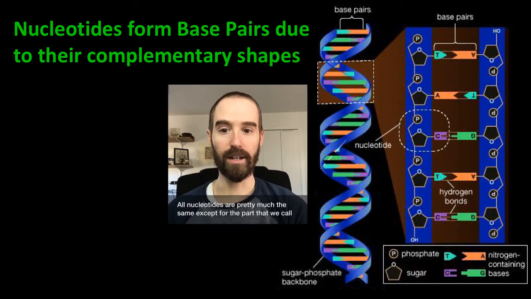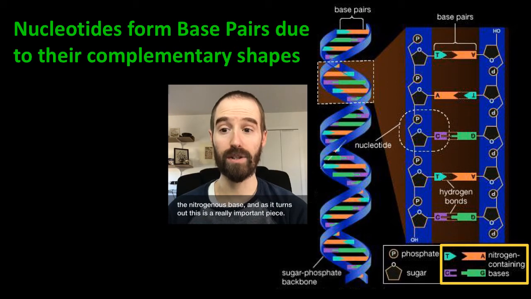All nucleotides are pretty much the same, except for the part that we call the nitrogenous base, and as it turns out, this is a really important piece. Both DNA and RNA each contain just 4 different kinds of nitrogenous bases, but not quite the same 4 bases.